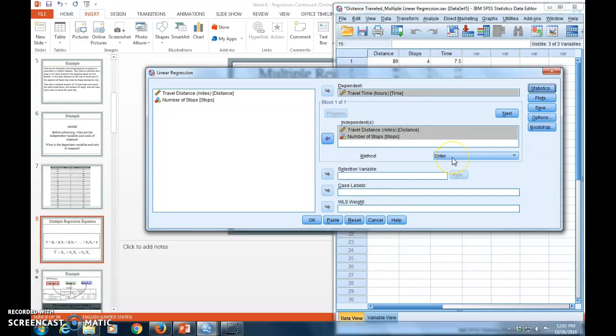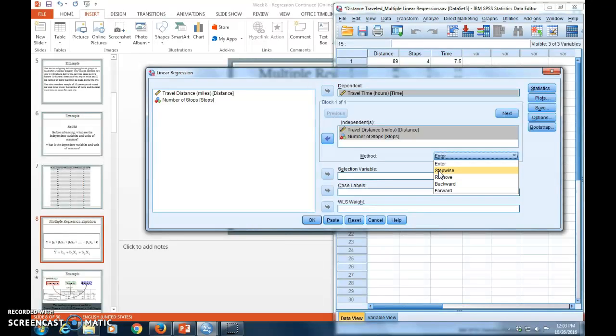One more thing to note in this process, this is the enter value. The method tells you how you're incorporating the variables. We're going to use enter. There's other ways to look at this, but what enter does is it includes all of these values. The other methods take into consideration how adding a variable will affect the model.